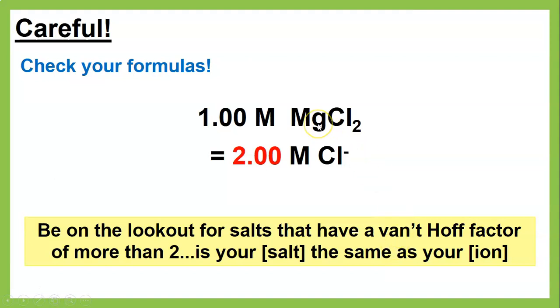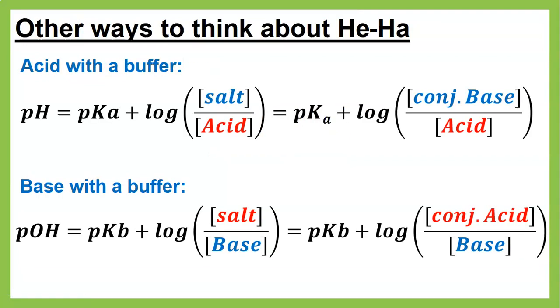If you dump in magnesium chloride or whatever, something like this, you get 2 chlorines, don't you, for each one of these molecules. So if you have 1 molar magnesium chloride, you really have 2 molar chloride. So you have to be real careful about that when it comes time to plug things into these concentrations.